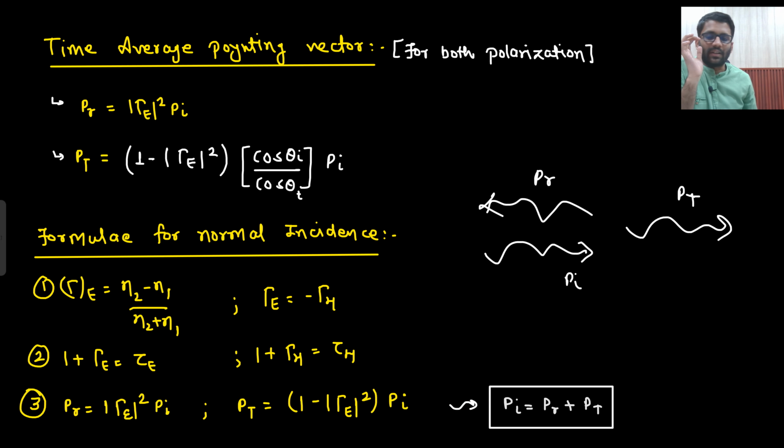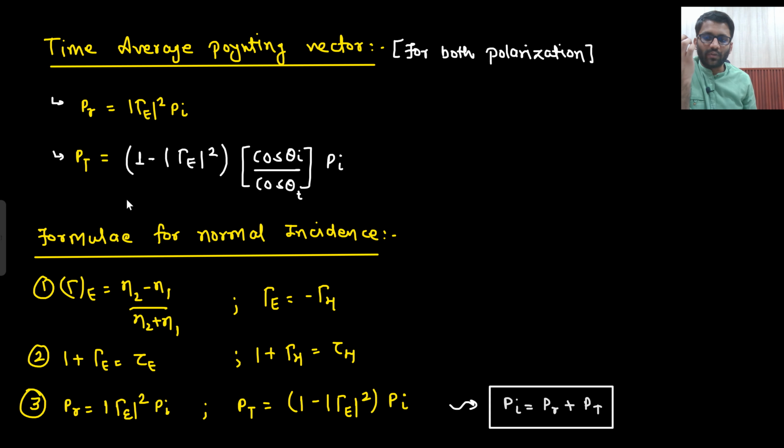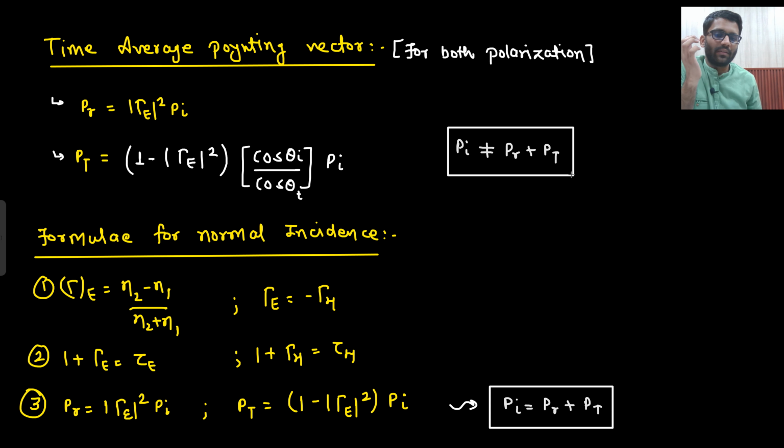You can check here as well. If you add both of them, you are going to get Pi only, but if you add these two, you are not going to get Pi. So my Pi is not equal to P reflected plus P transmitted. There is some power loss. Some power is lost. We will analyze this with respect to numericals as well.